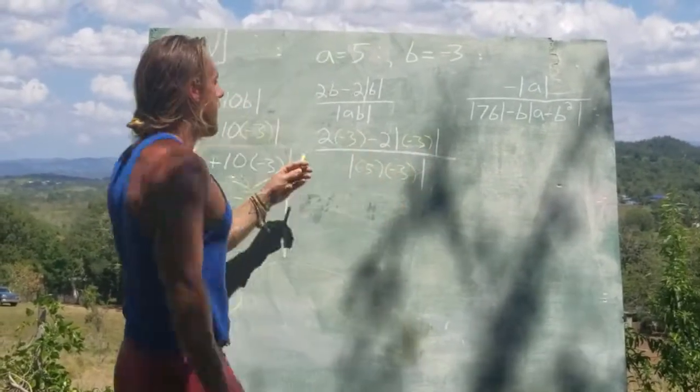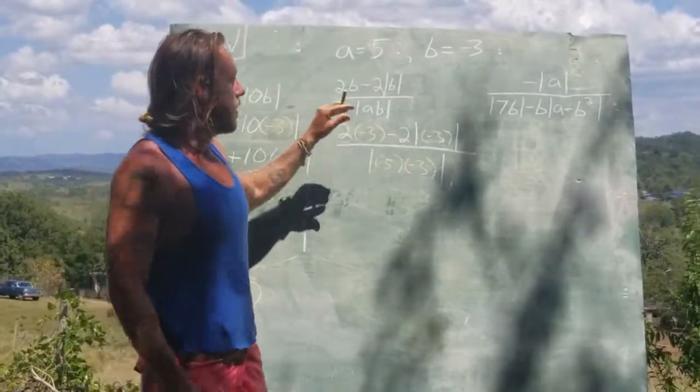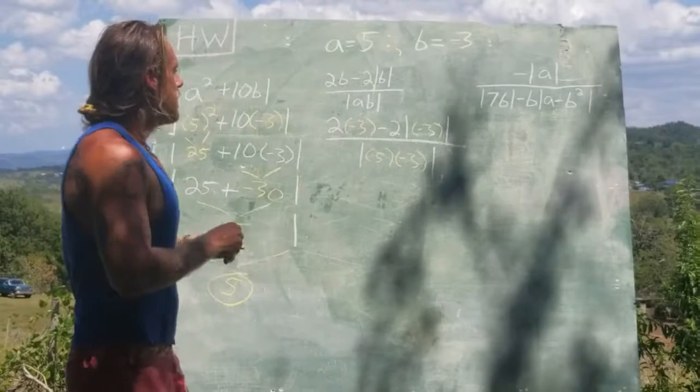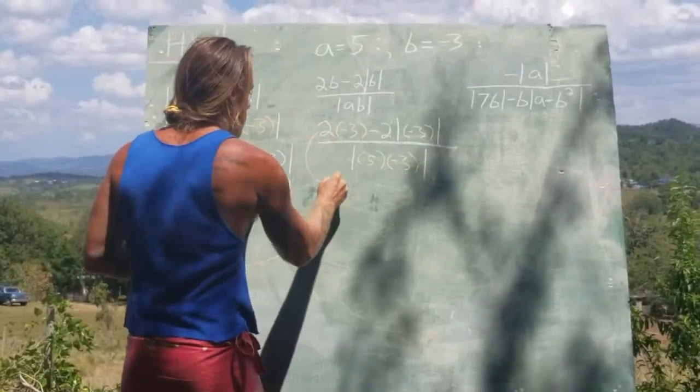All right, now we have a fraction bar. We've got absolute values. Remember, we're going to work above and below the fraction bar. So let's first deal with our numerator.